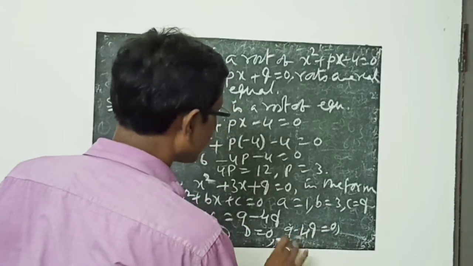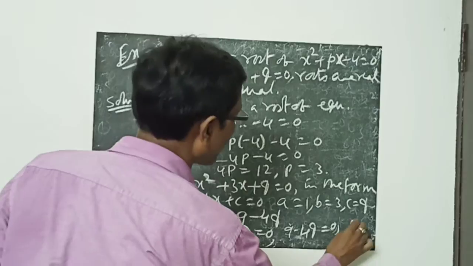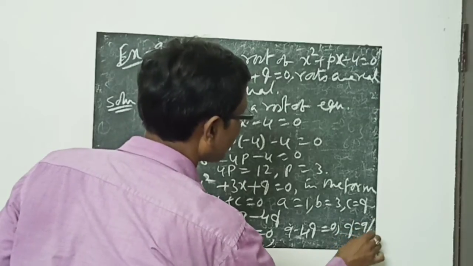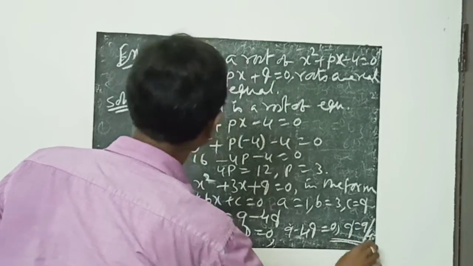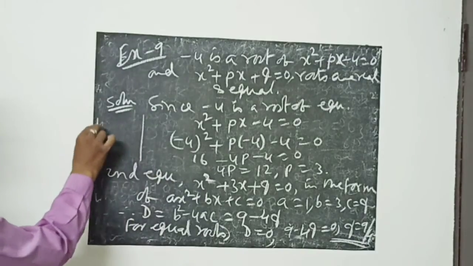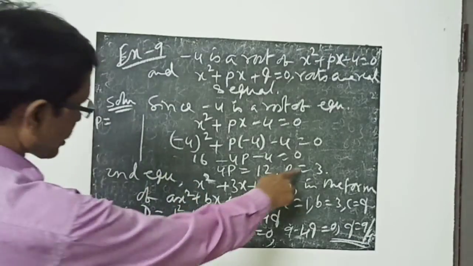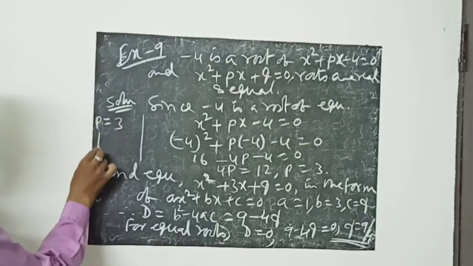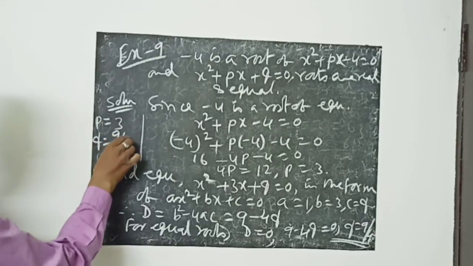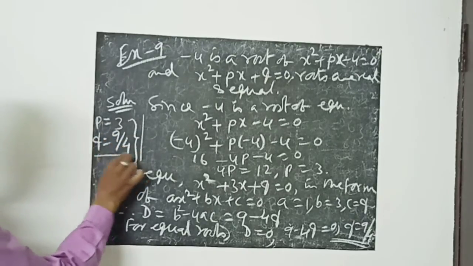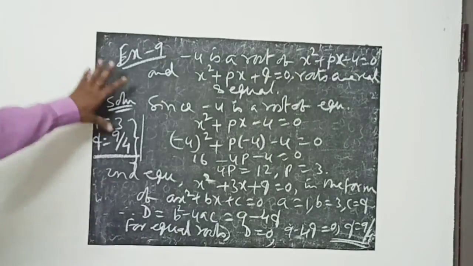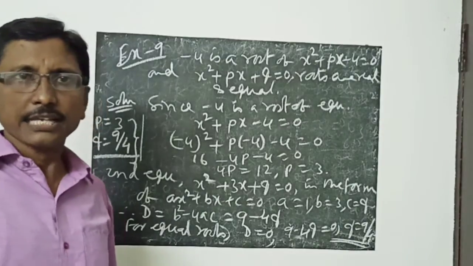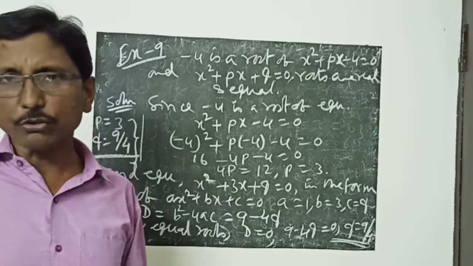If you solve, you will get q equal to 9 by 4. So ultimately you get p equal to 3 and q equal to 9 by 4. These two are the values, or the solution, of this question. So in this way we can find out.